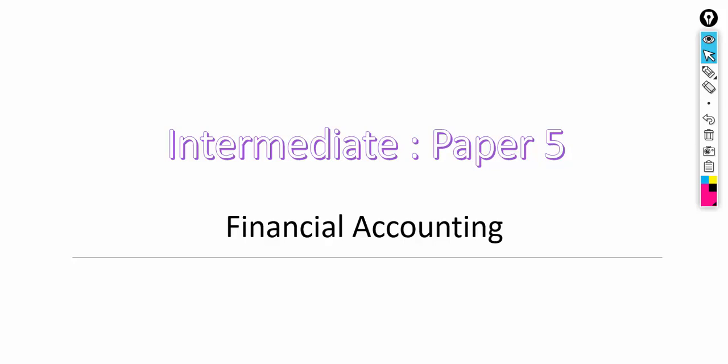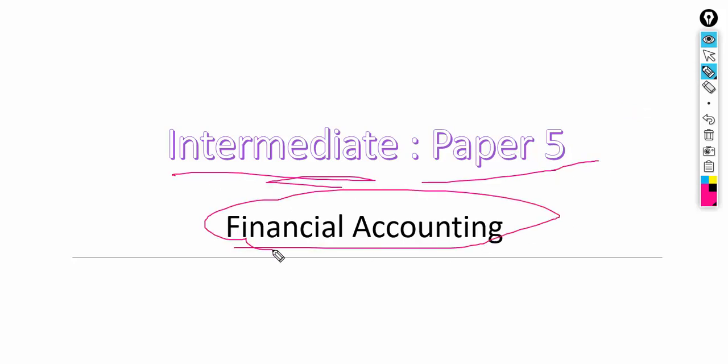Okay, so having said that, we'll begin our topic for the day, which is the paper 5 of the intermediate level, the financial accounting. The important aspect I want to mention to you here is that some of the concepts you have studied in the foundation, in case you come from the foundation level, a few of the topics are ditto repeated in your intermediate paper 5, that is the financial accounting.